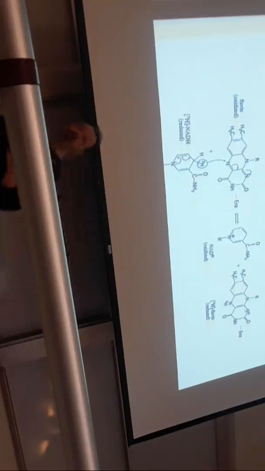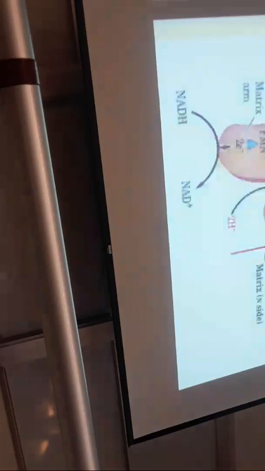We fully reduce the FMN to FMNH2, and then this isoalloxazine ring can donate individual electrons here to iron-sulfur clusters, and there are something between 5 and 7. I think the exact number is still not known. They then ultimately transfer electrons here to ubiquinone.